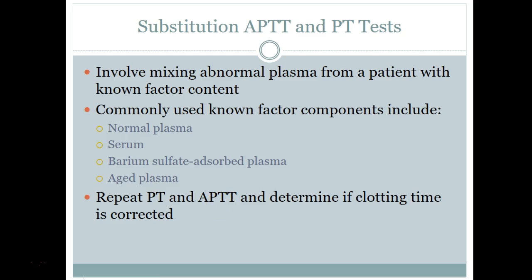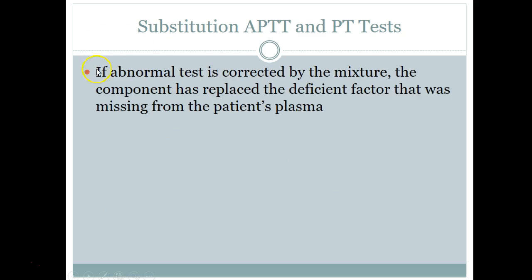Did it make it come back within reference range? If it helped, that means whatever was in that mixing study gave back what the patient was missing. So if that patient was deficient in, say, factor 10, and we mixed it with something that had factor 10, it should correct their test. It should make it back to normal. So again, it says here, if the abnormal test is corrected by the mixture, the component has replaced the deficient factor that was missing from the patient's plasma.